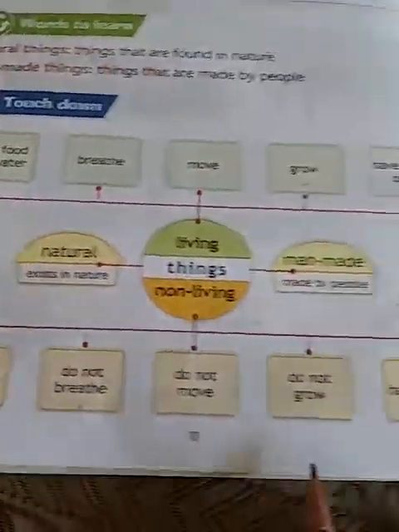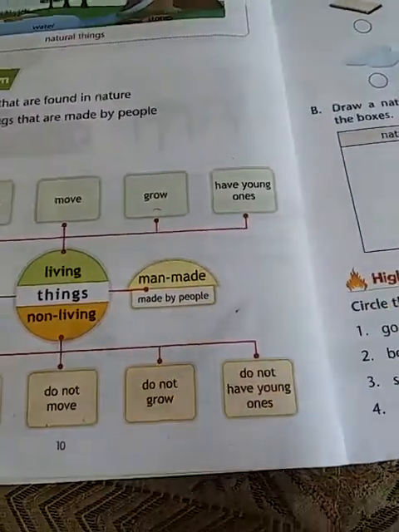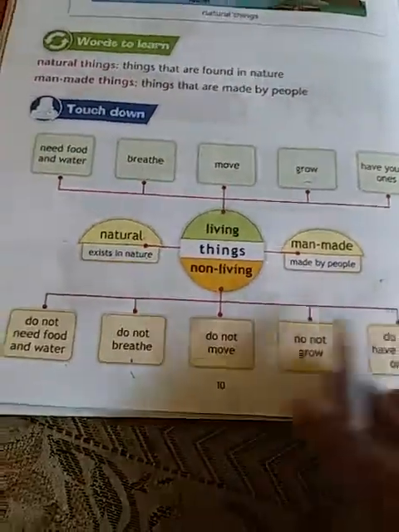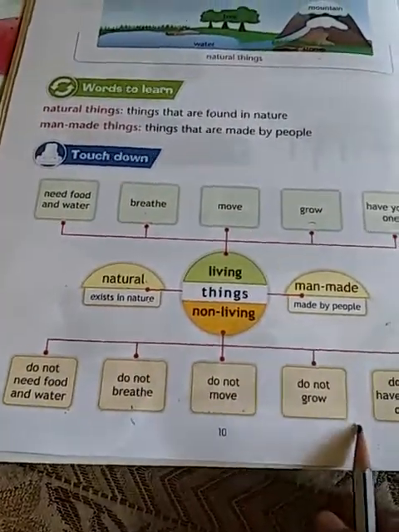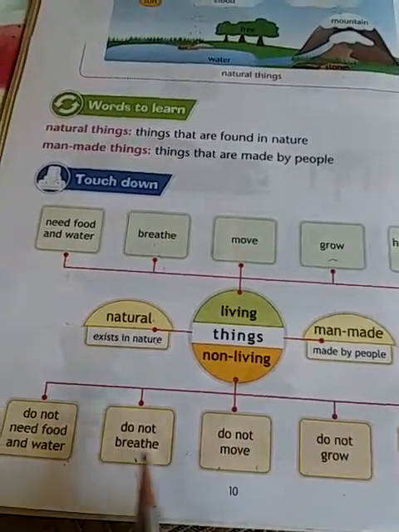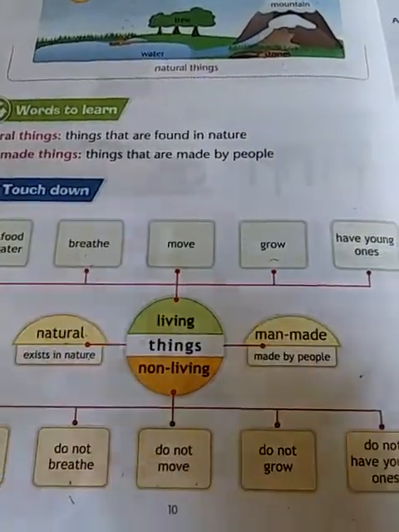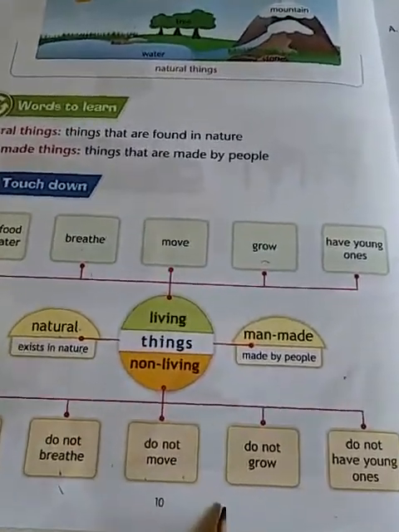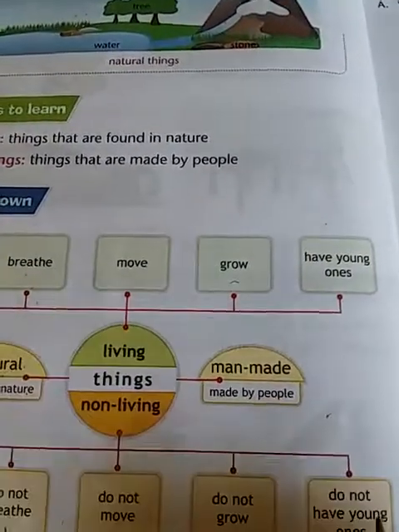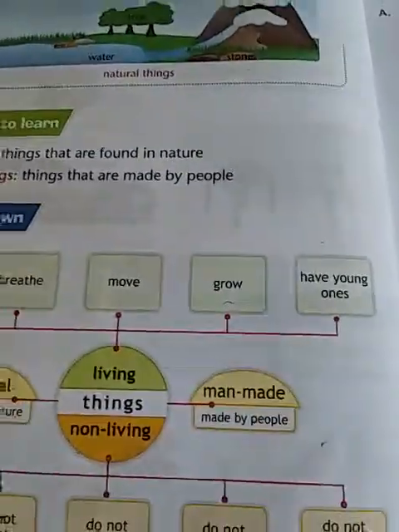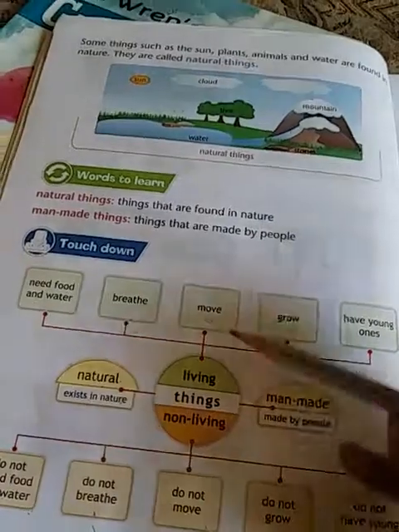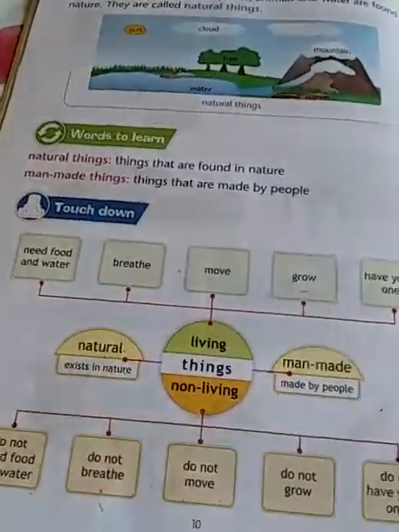They are made by people, like pencil, eraser, book, almari, chair, machine, computer, laptop. They are all non-living things created by man. They are also called man-made things. So this is natural things and man-made things, and living and non-living things.